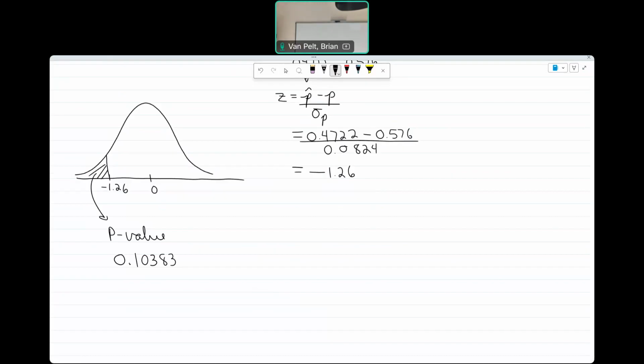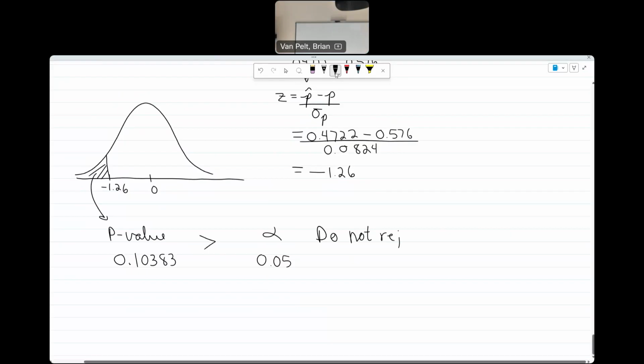Output was only 0.05. So our decision? Do not reject.